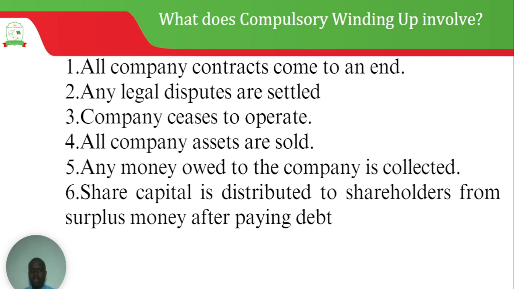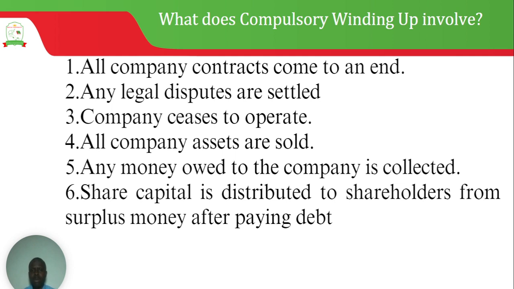So the company will also stop its operations. And then if any assets were available, those assets are sold, and any money owed to the company is collected, and share capital is distributed to the shareholders from surplus money after paying debt.